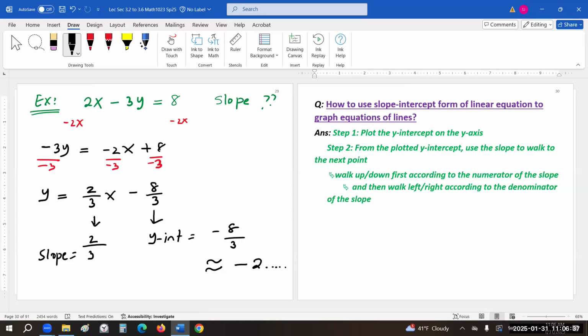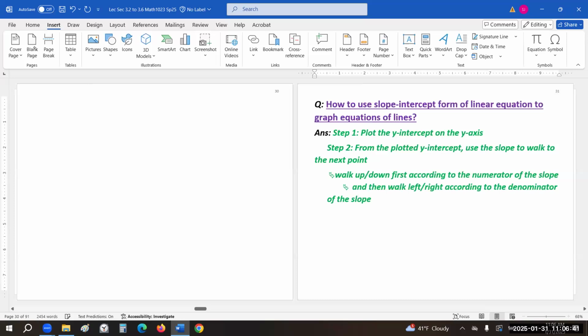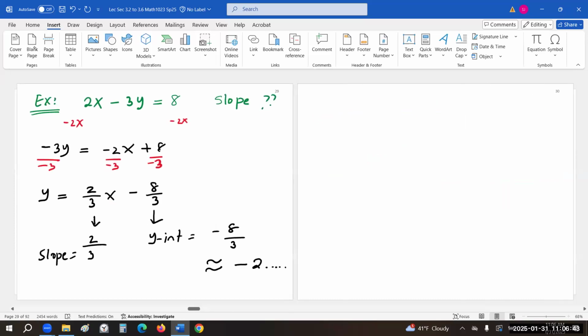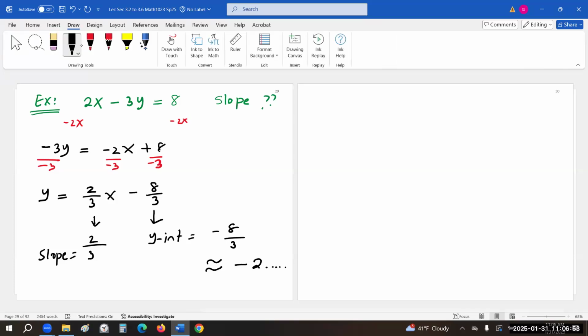So what we are going to learn today is how can we graph a line using only the slope and y-intercept. In order to do that, we have to remember a few rules. When you talk about slope, we have two things, one on the top and one on the bottom.